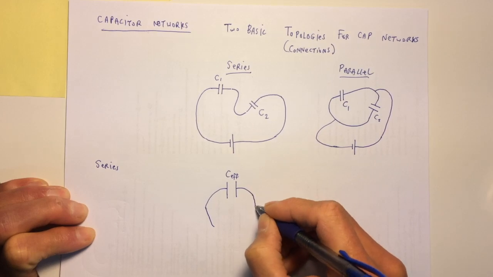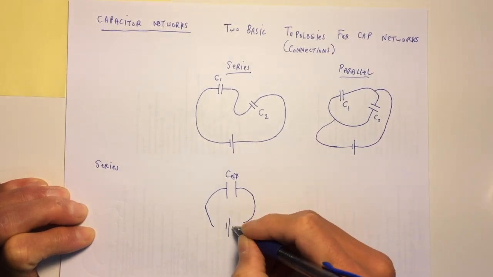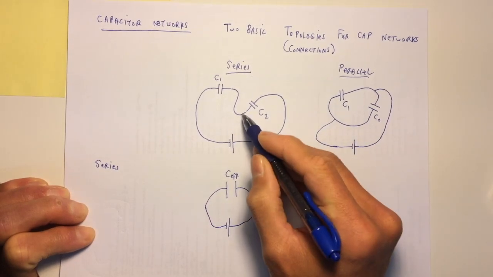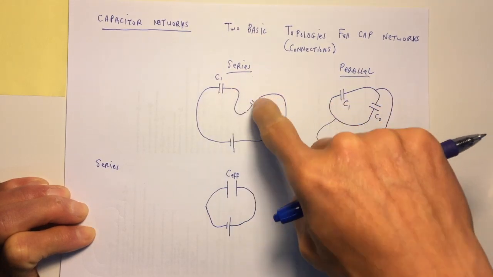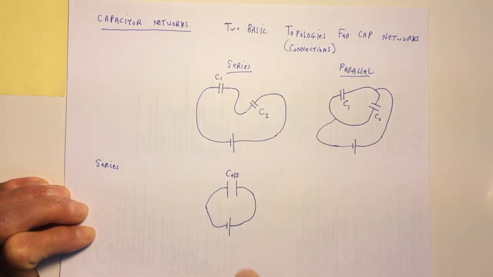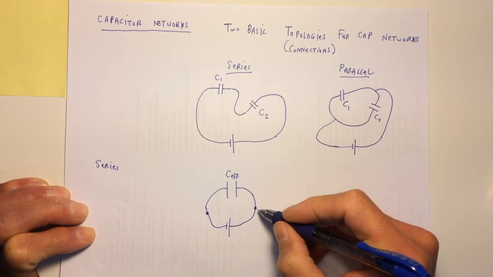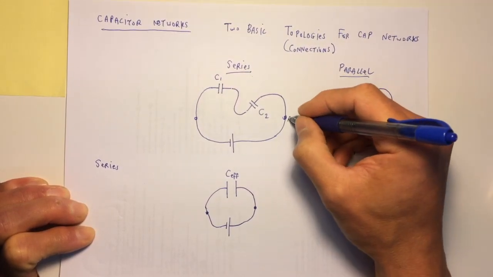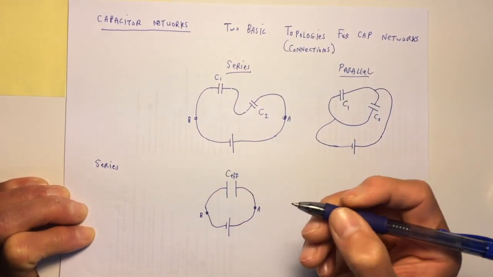In a sense, I am trying to forget the fact that I have two separate capacitors connected in series, and instead understand them as a single effective capacitance. So from here to here is here, and I'll say this is A and B, A and B.